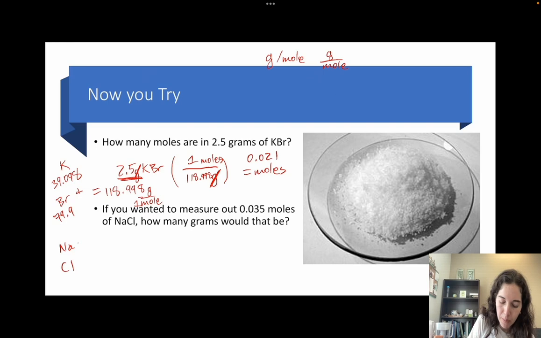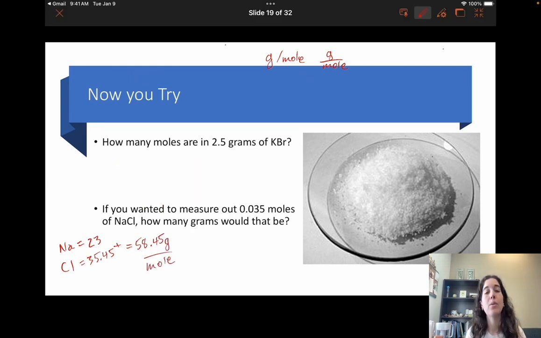So sodium on the periodic table comes out to like 22.9 something, so it rounds up to 23. 22.99. Chlorine is 35.45, which gives us 58.45 grams over moles. So our next step here is to find out how many grams that this number of moles can be.